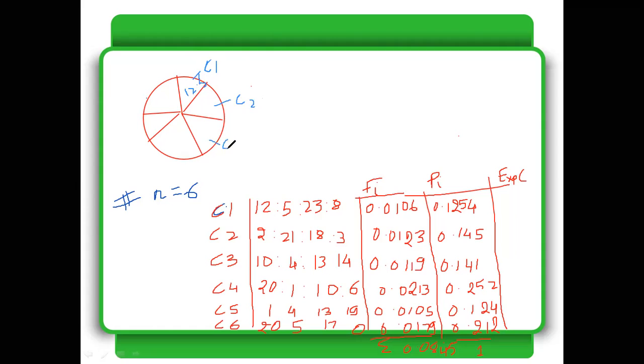This is C3 with 14.1. This is C4 with 25.2. This is C5 with 12.4. Sorry. And this is C6 with 21.2. So मेरा roulette wheel है.